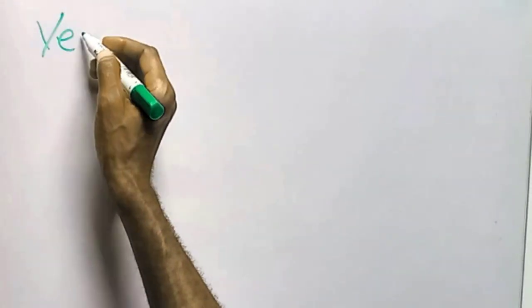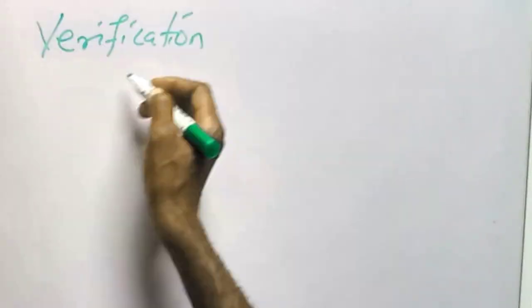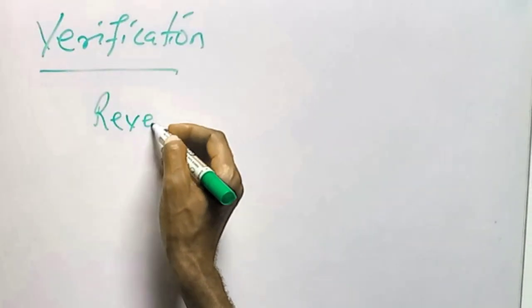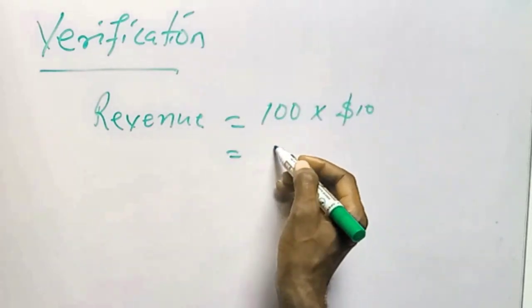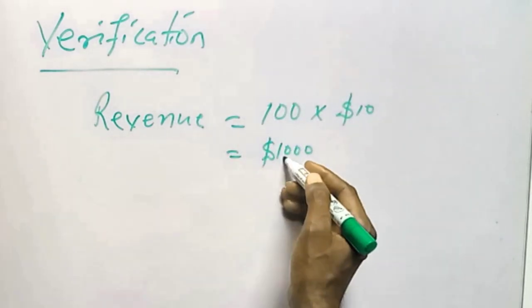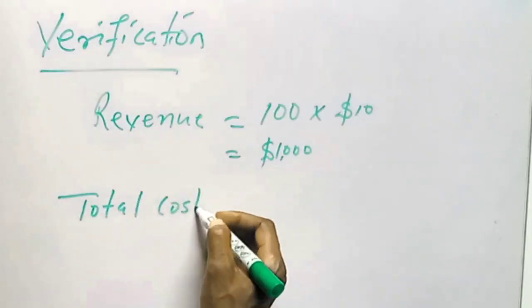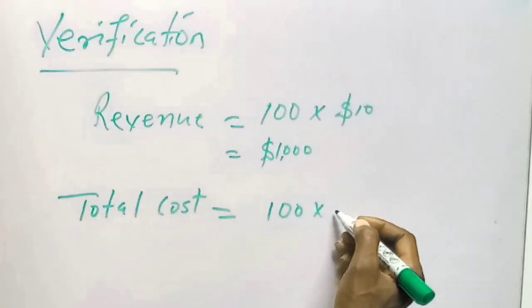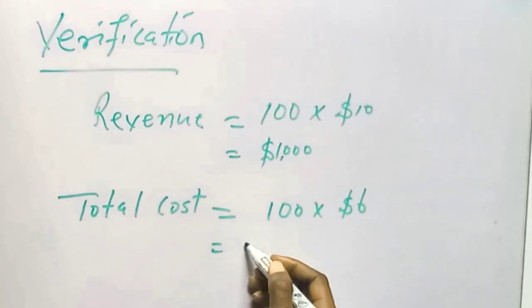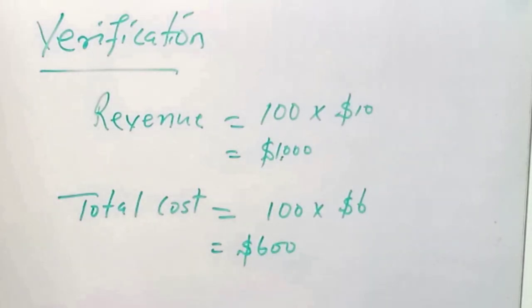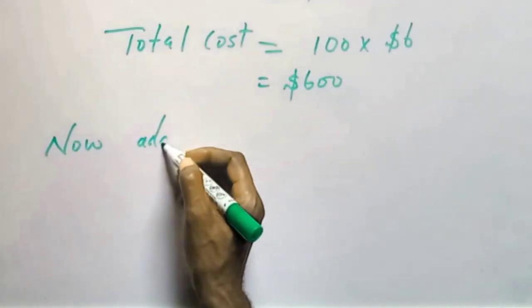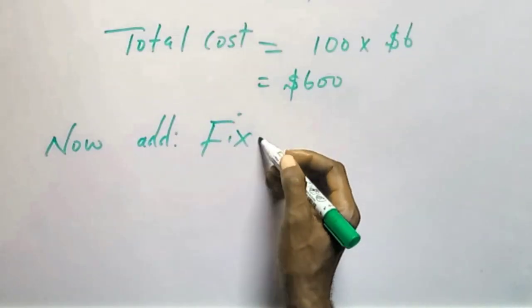Now come to verification. Revenue at 100 units. Revenue here is equal to 100 times your $10, which is equal to $1,000. Total cost is equal to production cost, which is equal to 100 times $6, giving you $600.